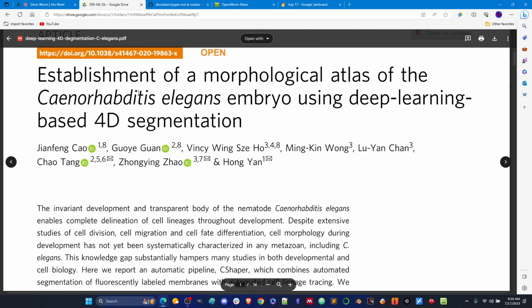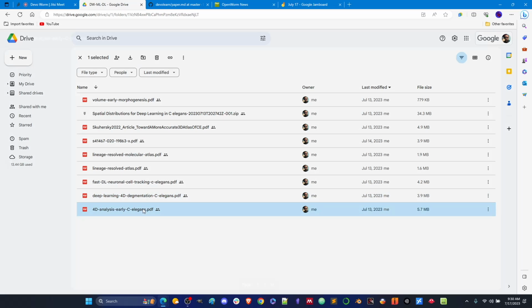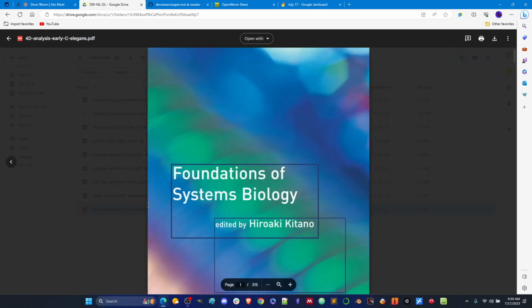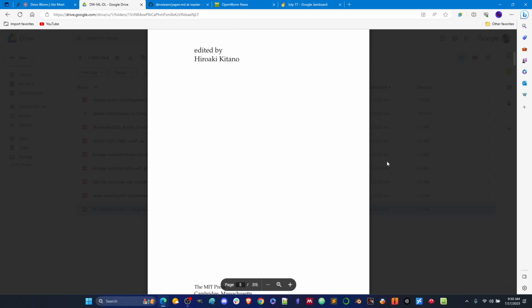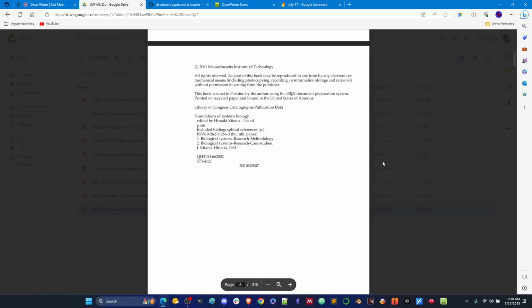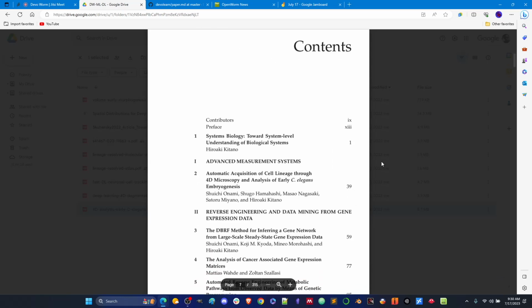This is the same paper, I think. And then there's the one we talked about a couple points ago. And then this is a book, I think, but there's a chapter in here where we picked C. elegans for 4D analysis.